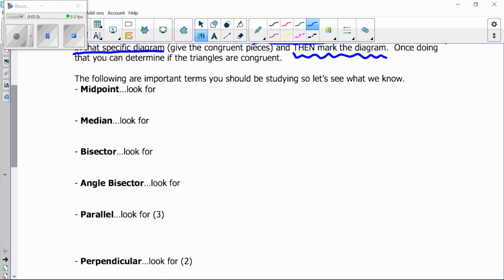So anytime I see a midpoint, I look for, sorry, I'm doing this with a stylus, two congruent sides.